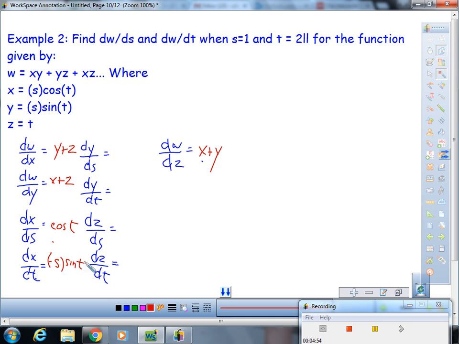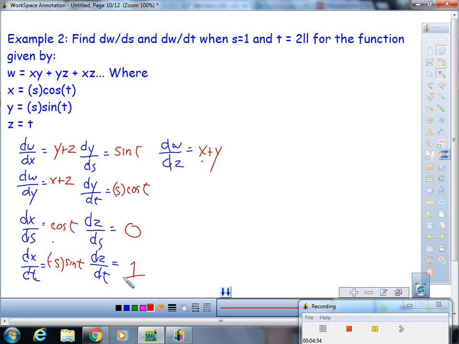Okay, dy ds, sine of t. dy dt is s cosine of t. dz ds is 0. dz dt is 1.